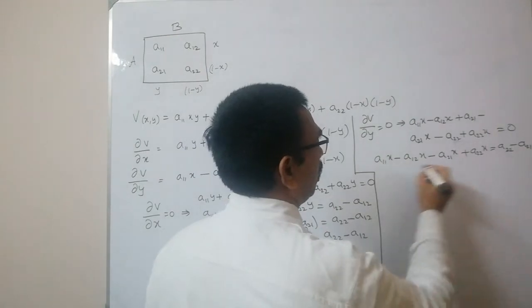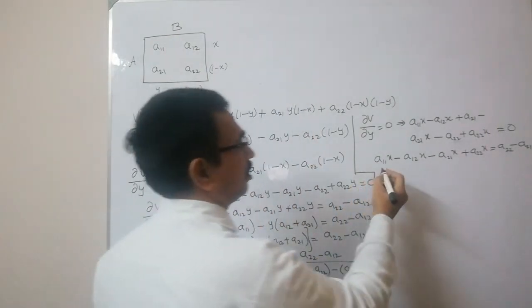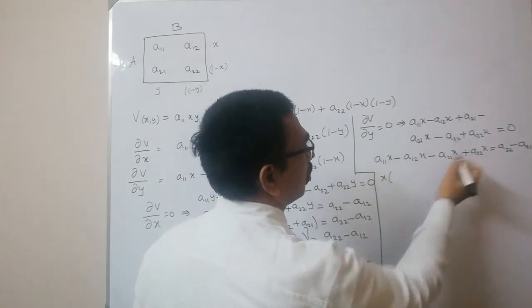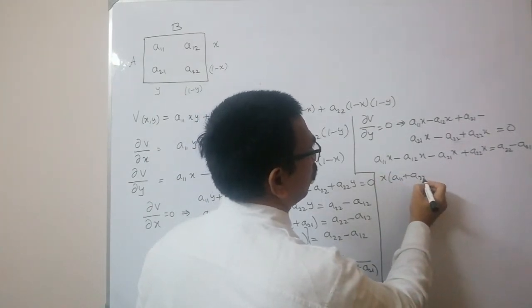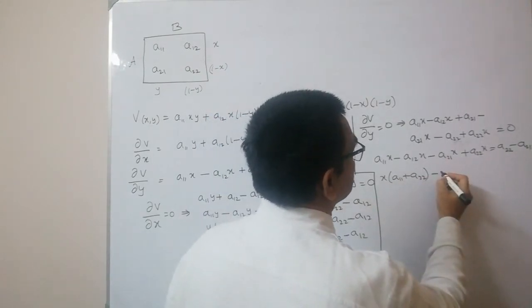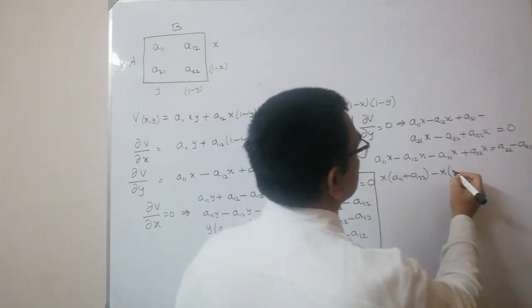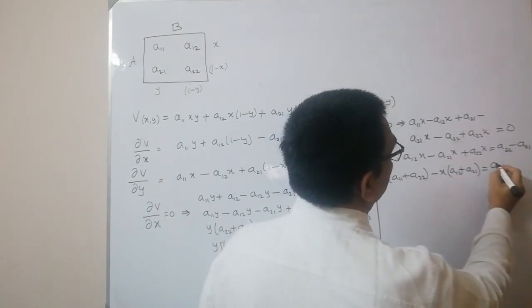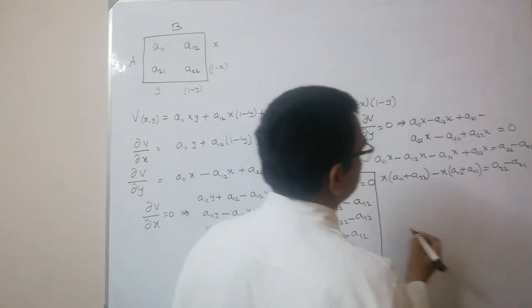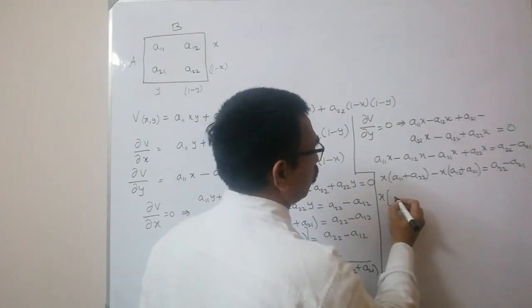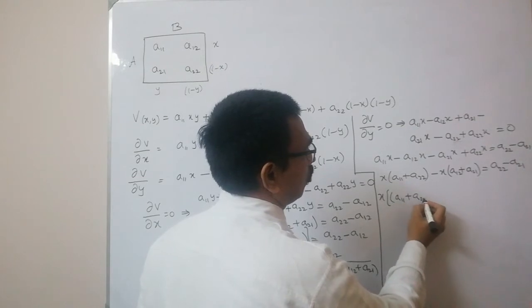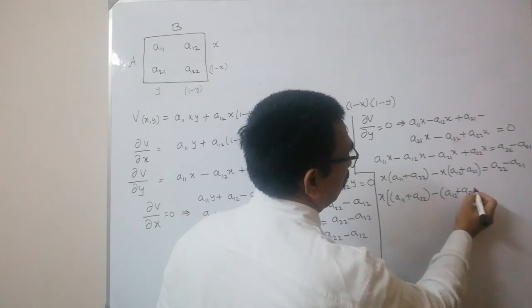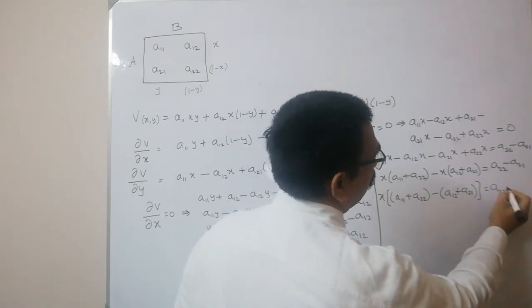Then as before, rearranging these terms, we get x into (a11 plus a22) minus x into (a12 plus a21) equal to a22 minus a21, or x into (a11 plus a22 minus a12 plus a21) equal to a22 minus a21.